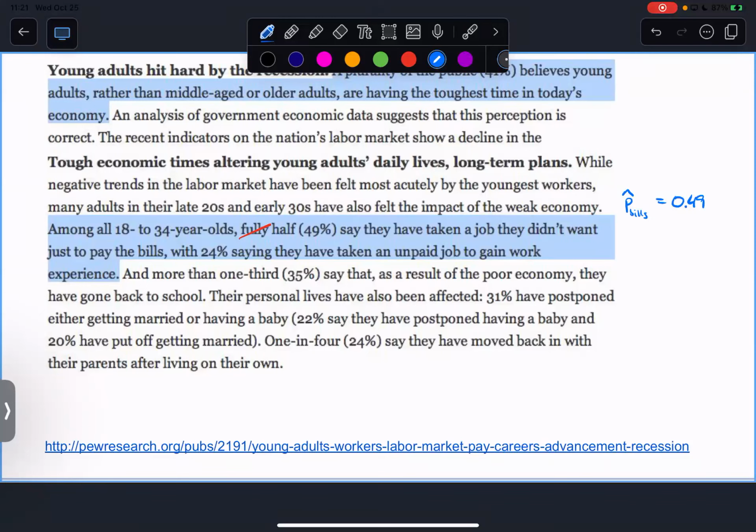We were also given another proportion, I'll call it "experience." The sample proportion of those that have taken an unpaid job for work experience is 0.24. Remembering that proportions have to be between 0 and 1, we report them as percentages, but then we convert them to decimals as soon as we can. And there are more sample proportions in here.